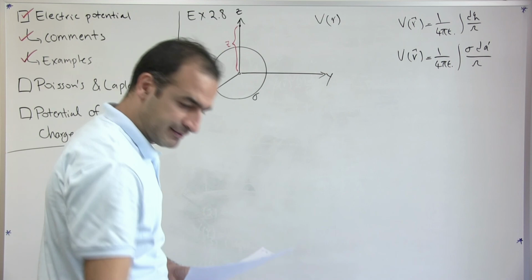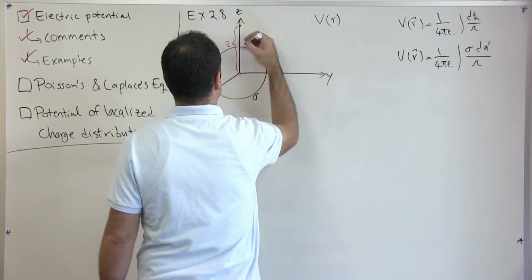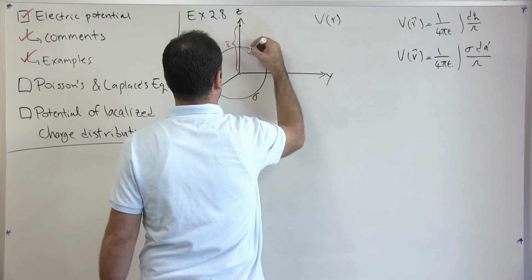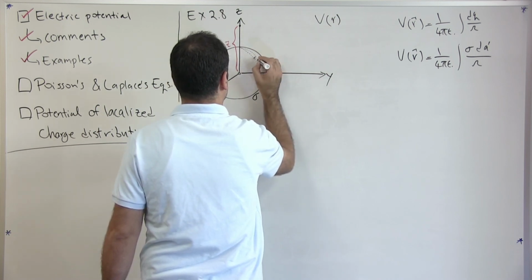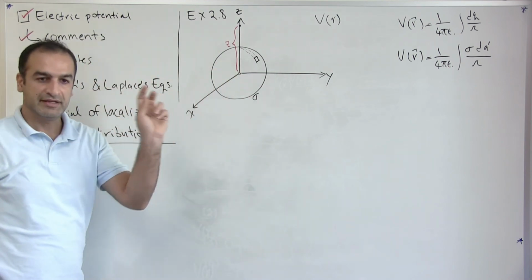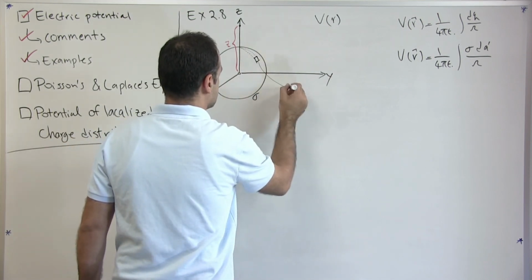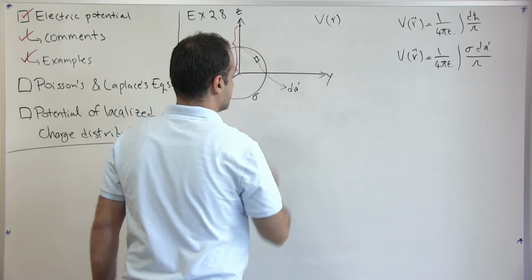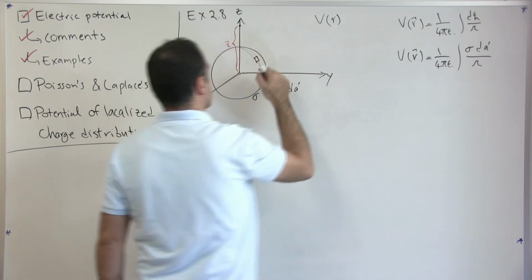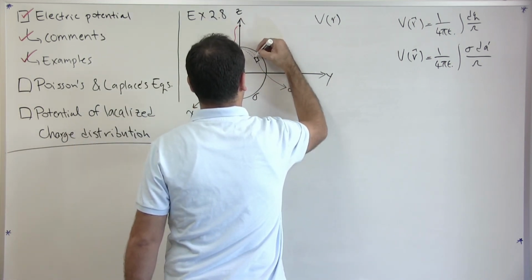Now, what we are integrating on dA prime is one point like this. This dA prime is a very small patch on the surface of the sphere. And the function R we have here is actually defined by the distance of this point to the position that we are calculating electric field. So it's going to be like this.